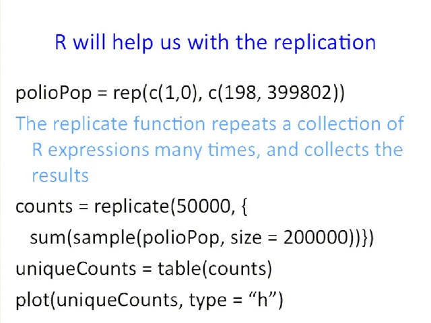Then in the curly braces, you put the code that you want to have done over and over again. So I'm going to sum up the result of sampling my polio population, picking 200,000 from my polio population. After I did that, I made a table of all of the counts, and I plotted it, and there it is.